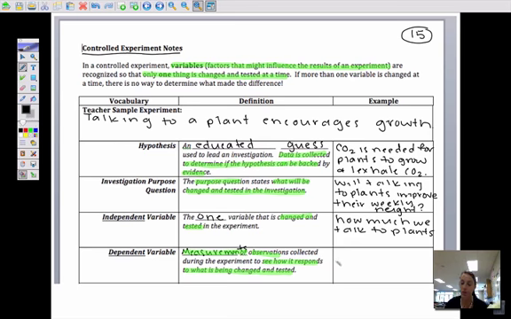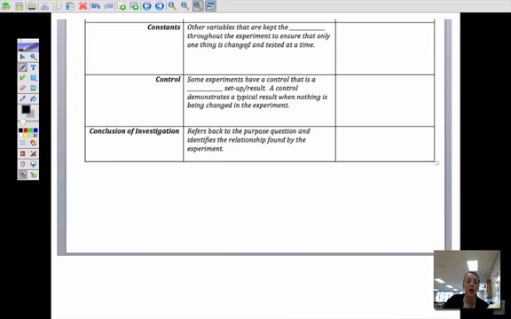So for our experiment, our dependent variable is the growth or height of the plant, because that's what we're measuring. So we're measuring how much height the plant gets depending on how much we talk to it, because we believe that carbon dioxide is needed for plants to grow, and I exhale carbon dioxide.